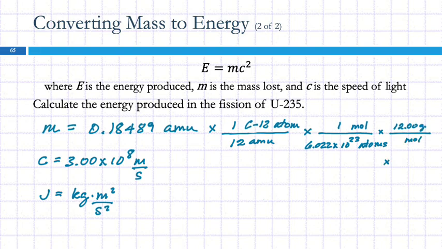And then we have to convert that to kilograms. So 10 to the 3 grams in kilograms. So that number divided by 12 divided by 6.022 times 10 to the 23rd, times 12 divided by 1,000. I'm getting 4.42 times 10 to the minus 28 kilograms.